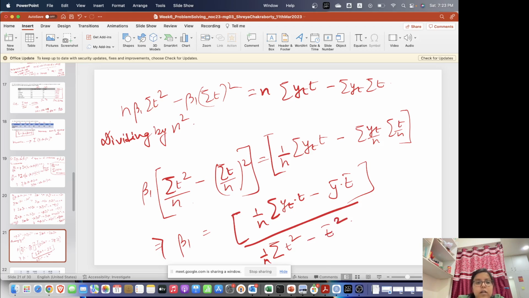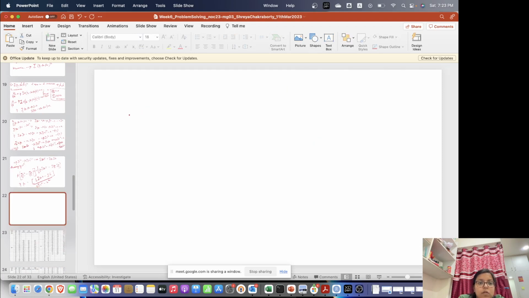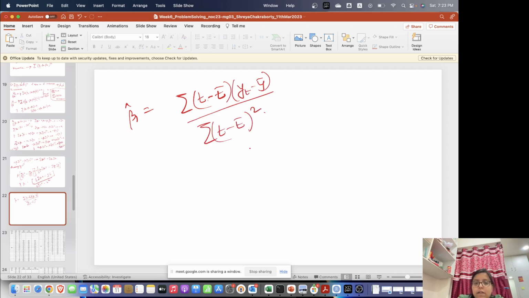So if we do a little bit of rearrangement, then what essentially it comes to is the regression coefficient, that is summation t minus t bar into y_t minus y bar by summation t minus t bar whole square. So this is the OLS estimate of beta 1.